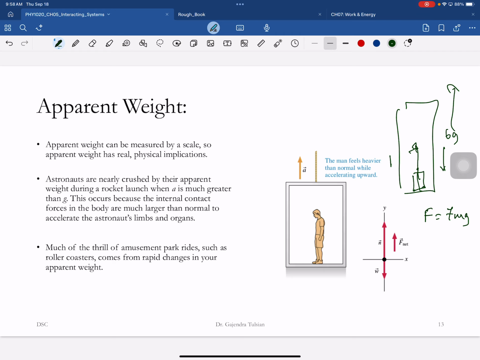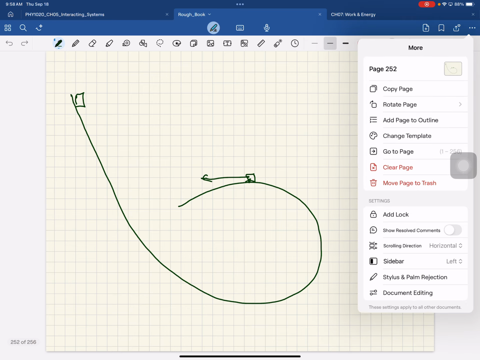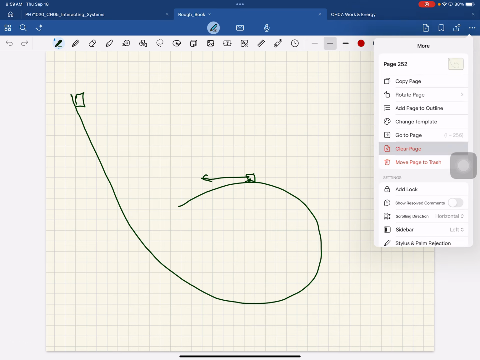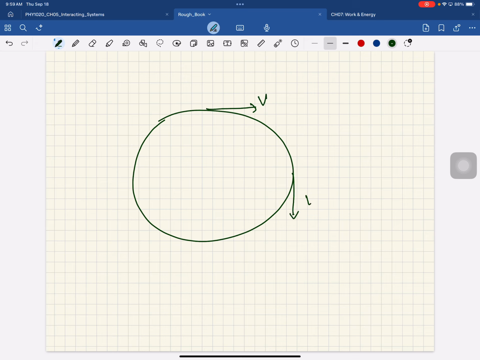Now let me show you something. Before I explain this, let's look at a diagram. Let's say you're going on a circular road at constant speed. Are you accelerating? Yes, you're accelerating all the time.